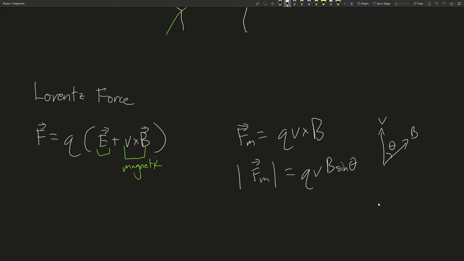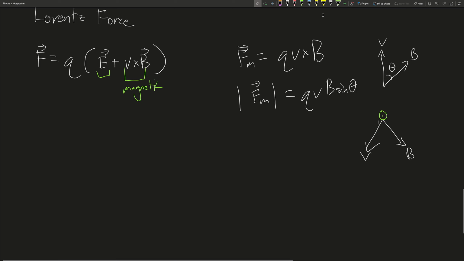So if we have V here and B here, in order for your fingers to curl from V to B, your thumb has to be pointing out of the page in this scenario. So the force here would have to be out of the page.